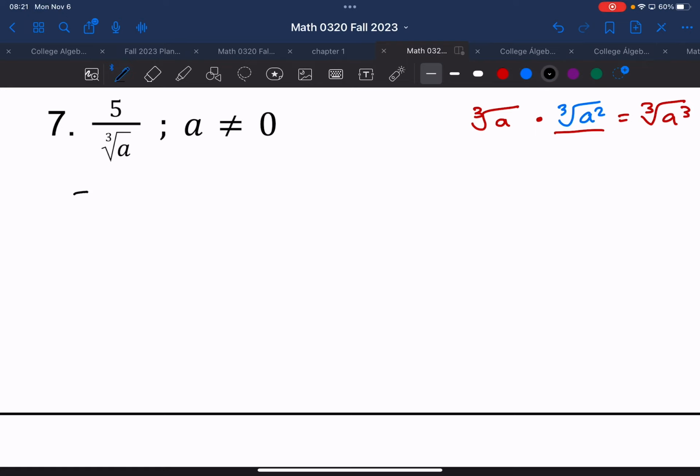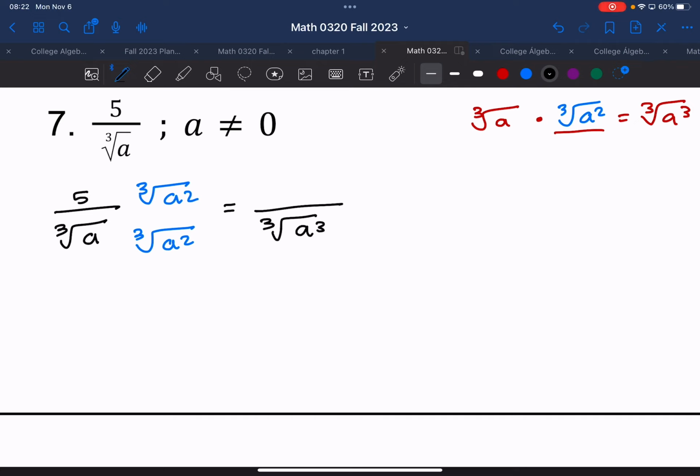That's what we're multiplying the top and bottom by. So I have 5 cube root of a times cube root of a squared, over cube root of a times cube root of a squared. We know on the bottom that is going to give us the cube root of a cubed. What is that going to give us on the top? Is that 5 going to stay on the outside, or is it going to go on the inside? Outside. Stays on the outside. So this is 5 cube root of a squared.